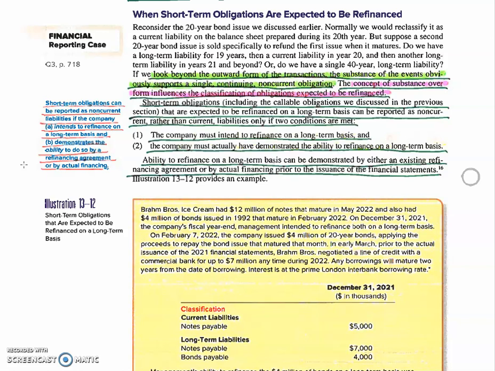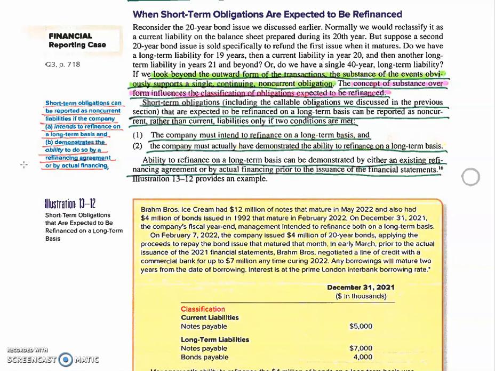Now, under U.S. GAAP, all you have to do is demonstrate the ability. So if you have debt that's, let's say, maturing in February and you're a December 31 calendar year end, and so you have that debt that's maturing within 2 months after year end, then technically you should reclassify that as current.